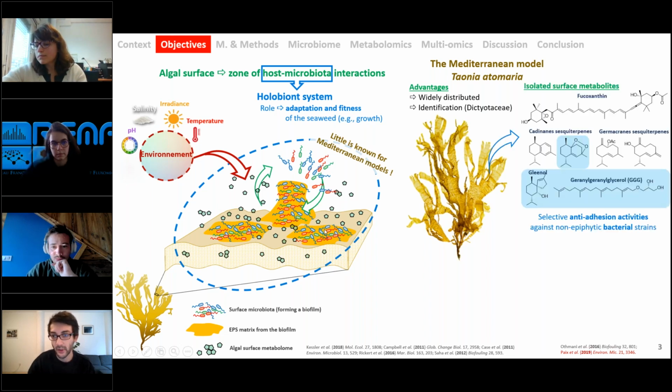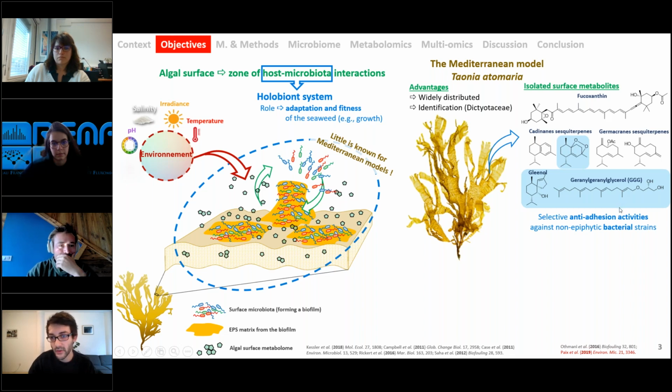Some of its surface metabolites had already been studied before my PhD, especially compounds like fucoxanthin, but also some sesquiterpenes, and also this compound that Eva told about, the geranyl glycerol.